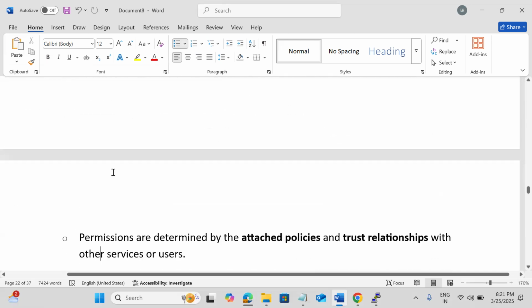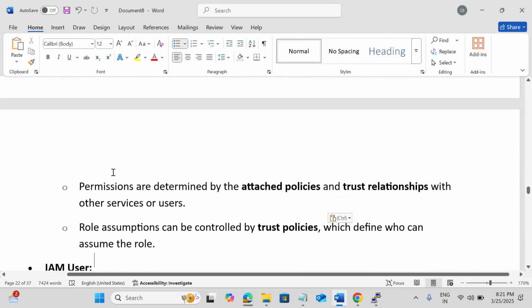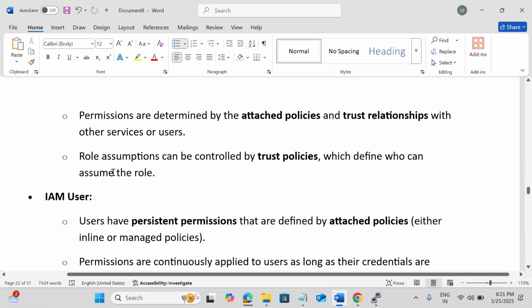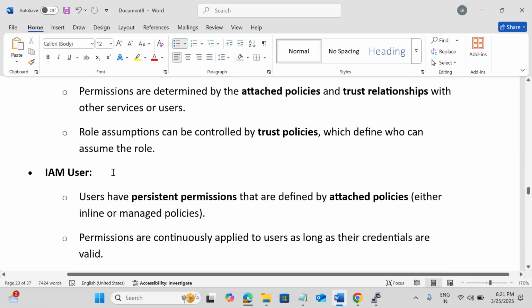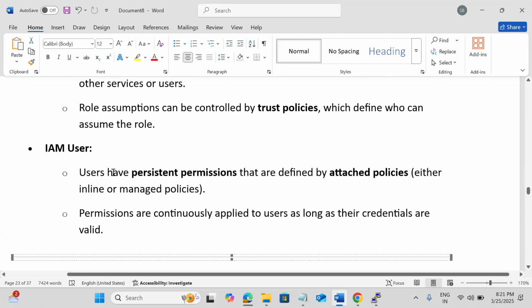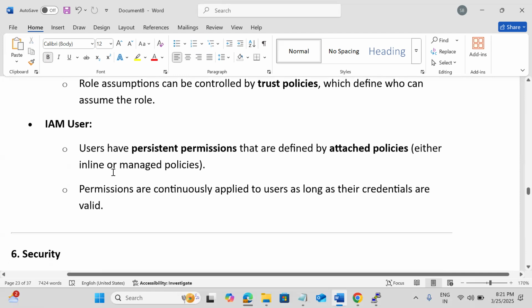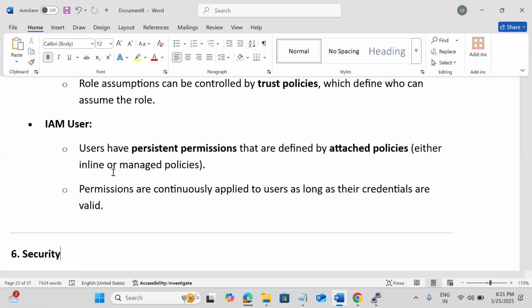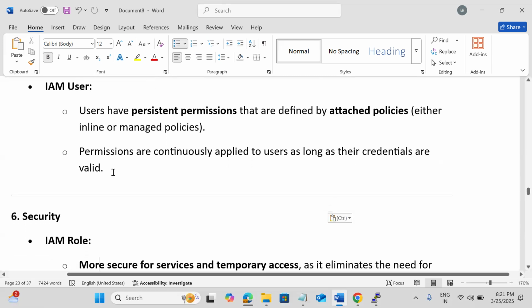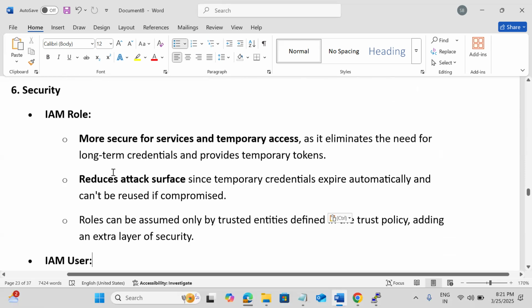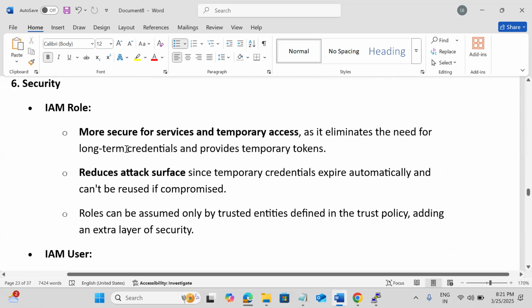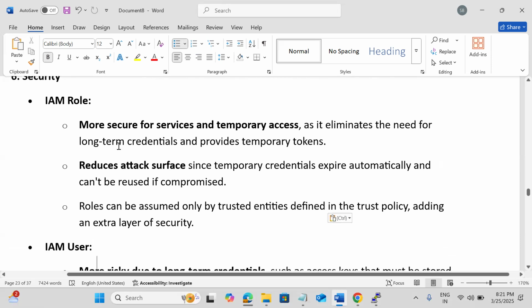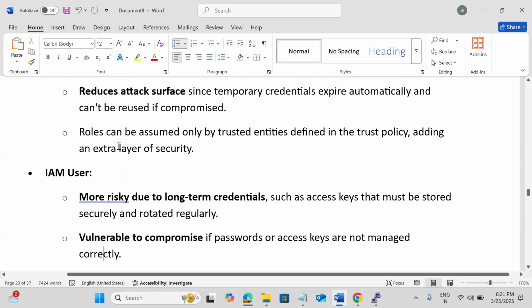For roles, permissions are assumed, and we can attach permission boundaries and trust relationships to define them. For the IAM user, we attach managed policies or resource-specific policies directly. So the IAM role itself is more secure than an IAM user.